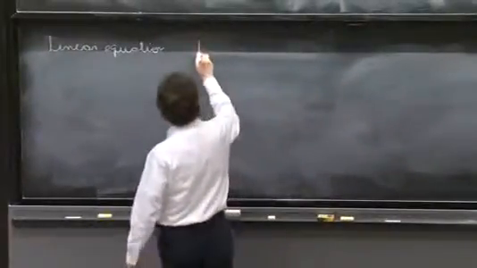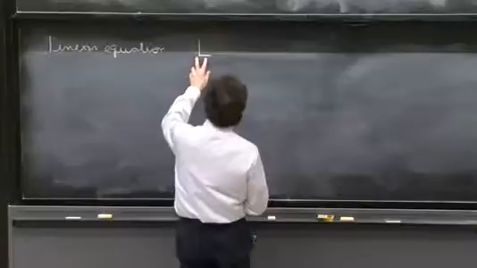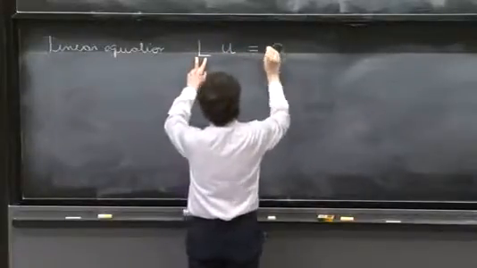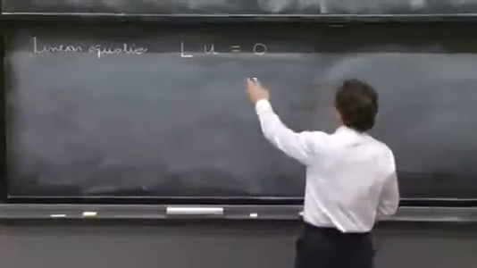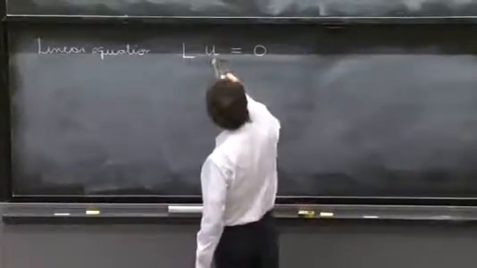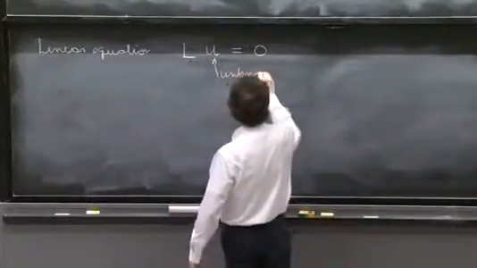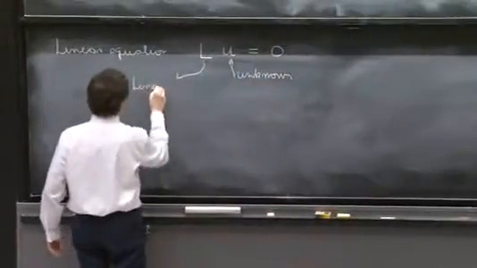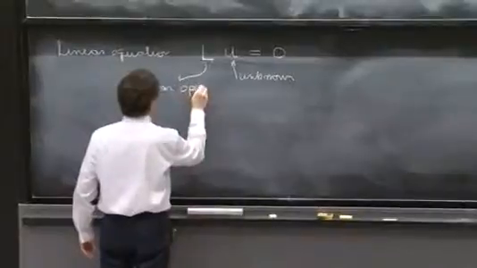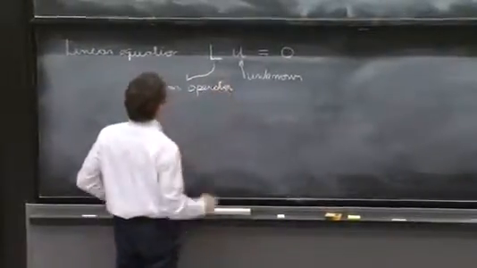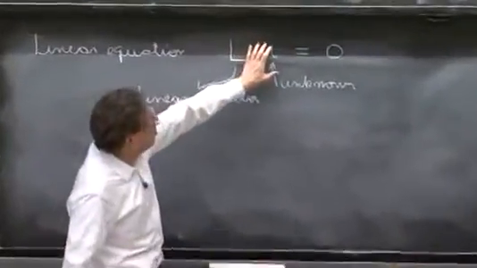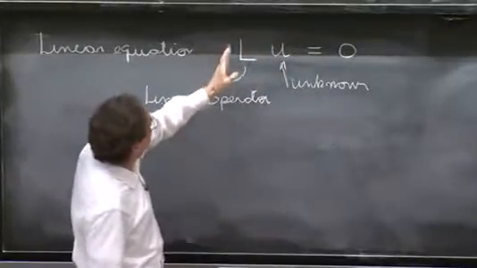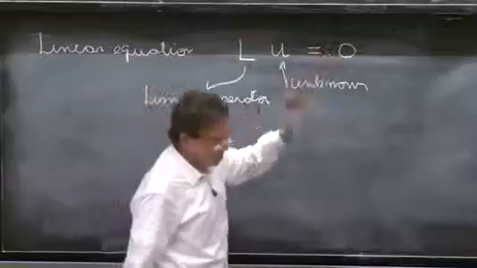A linear equation, we write L u equal 0, where u is your unknown, and L is what is called the linear operator, something that acts on u.